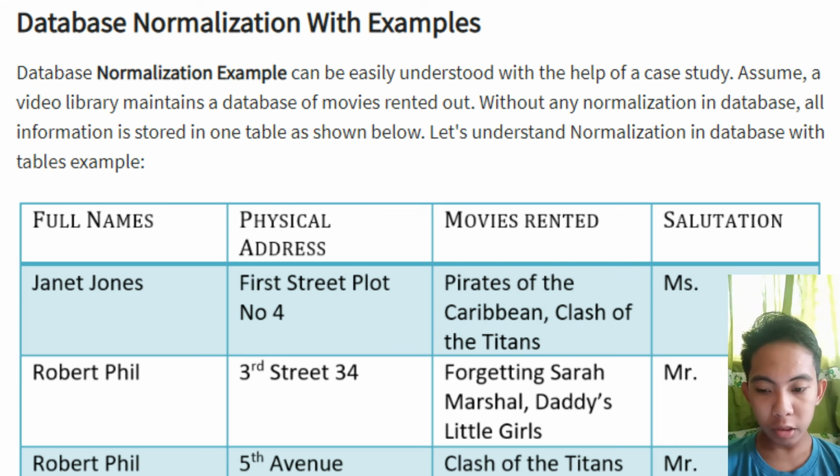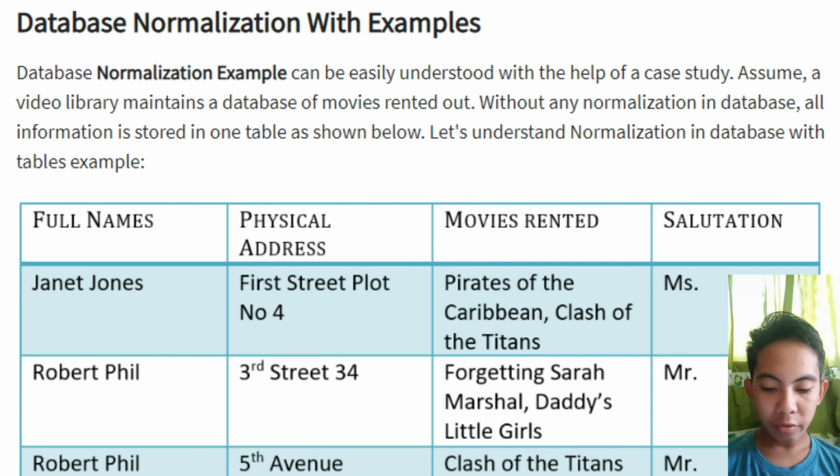We have full names, which are Janet Jones, Robert Peel, and also Robert Peel. For physical address, Janet Jones, 1st Street, lot number 4. For Robert Peel, 3rd Street, 34. And the other Robert Peel is 5th Avenue. For the movies they rented, Janet Jones rented Pirates of the Caribbean and Clash of Titans.